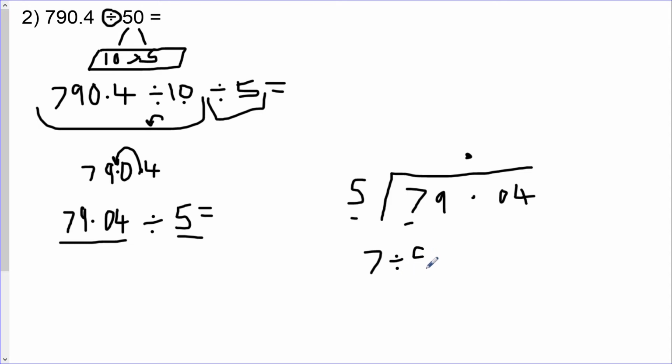Again, if you need to do dots, draw them. If you need to write your times table down, write it down. So 7 divided by 5 is 1, remainder 2. So we put our 1 as our whole, and we carry our remainder across to the next digit. We now move on, and we have 29 divided by 5.